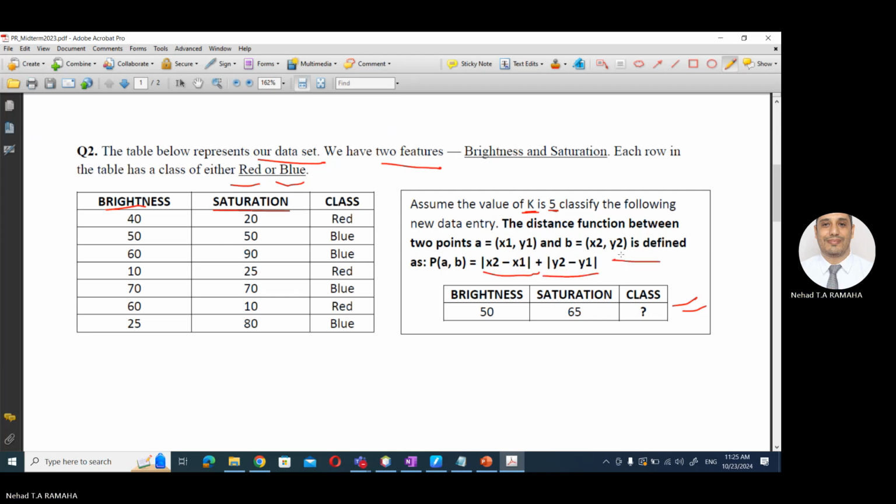So when we give you the distance function, don't use Euclidean. If we did not mention using Euclidean, to make it a simple calculation, we take Manhattan, yes? But if we mention which one, don't go and use Euclidean.